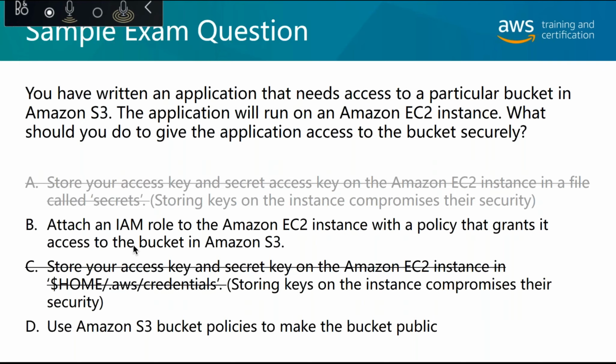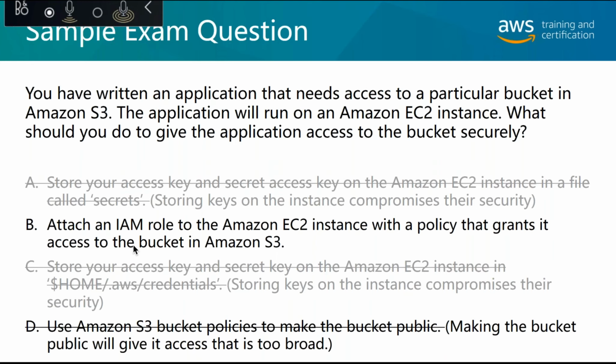And it says, store your home access key and secret key on the Amazon EC2 in the credentials. No. And then use Amazon S3 bucket policies to make the bucket public. You don't need to do that. You don't want to give access to everyone, because when you make something public, you're giving it broad access.